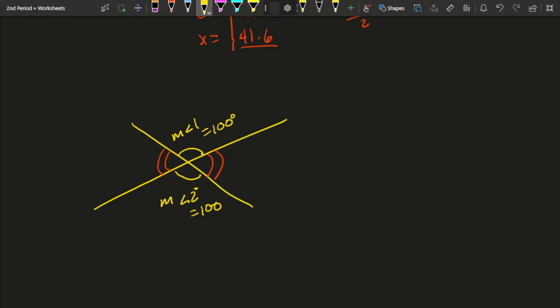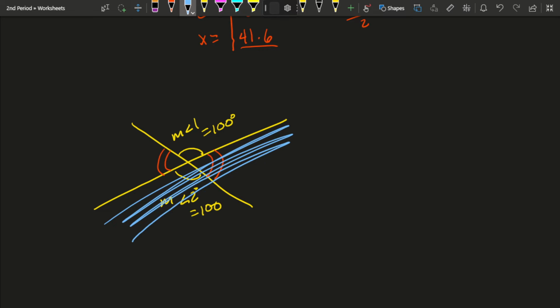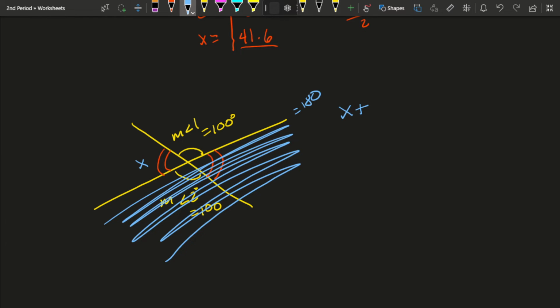So now, if I were to just cover one side, you can cover it with your hand. Now I'm looking at a supplementary angle because that line makes a straight line, and I know that this is 180, so I can make this x right there if I wanted to find that. So I'll do x plus 100 equals 180.